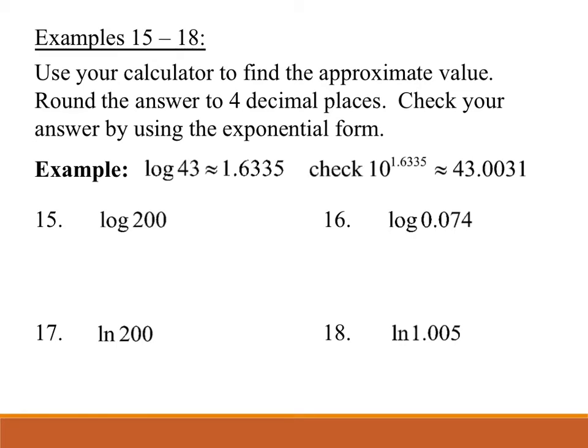If this is the logarithm, log 43, the answer that I get in my calculator, I can just hit 10 raised to the x power, and when I do that, I can hit the second answer on the TI 83 or 84 and get the exact number 43.